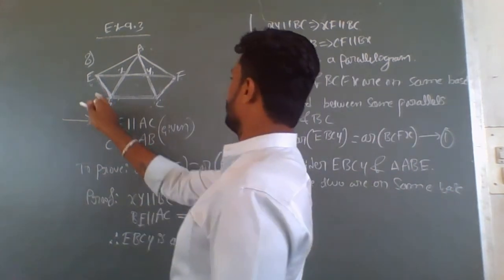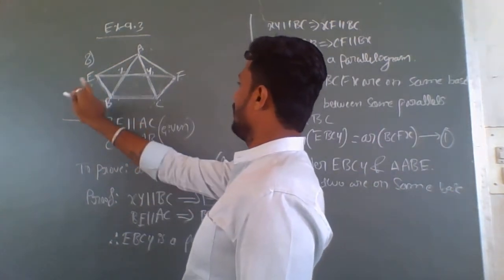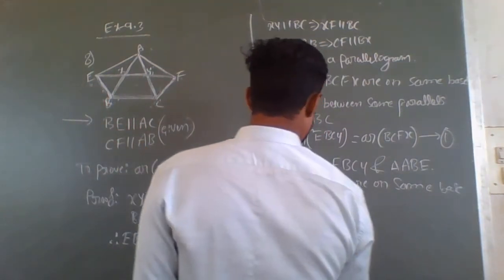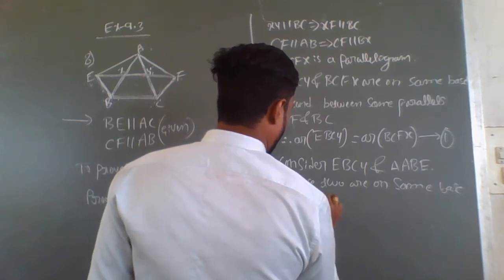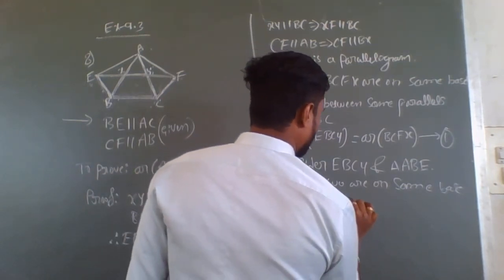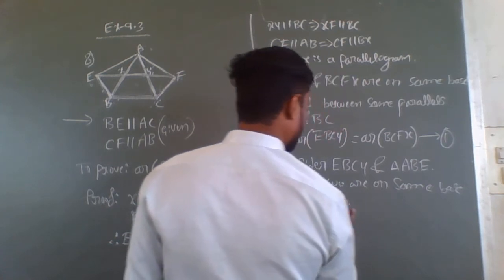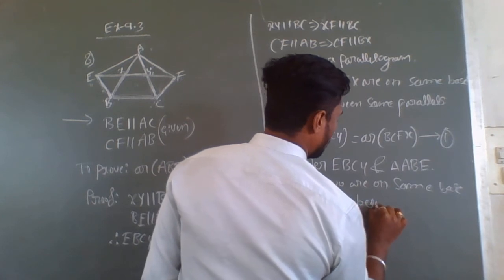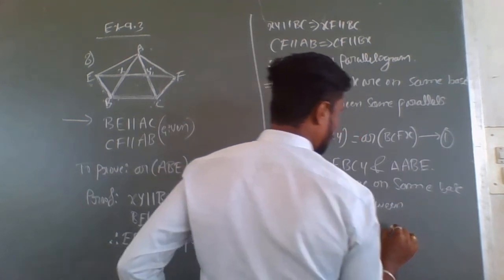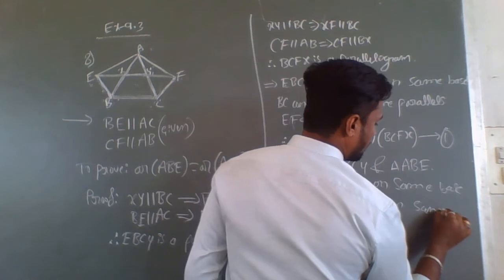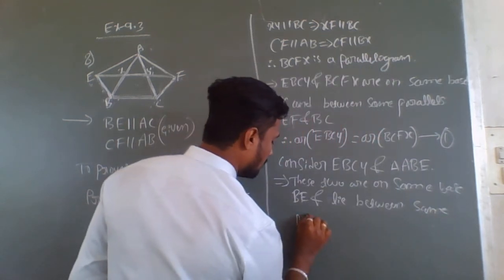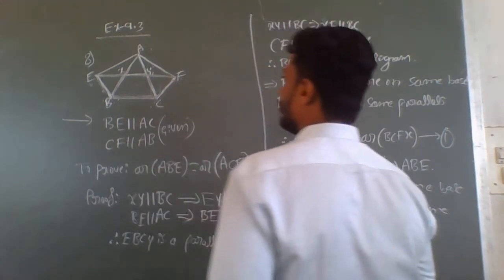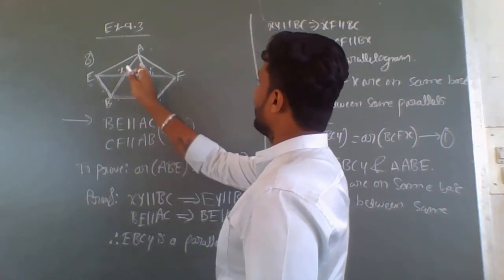Here you can see ABE and EBCY are on the same base BE and between the same parallels BE and AC.